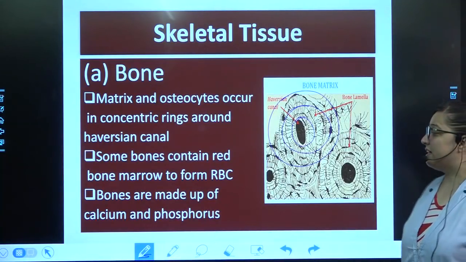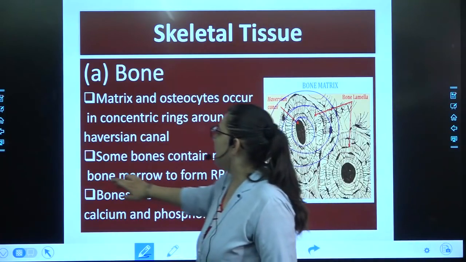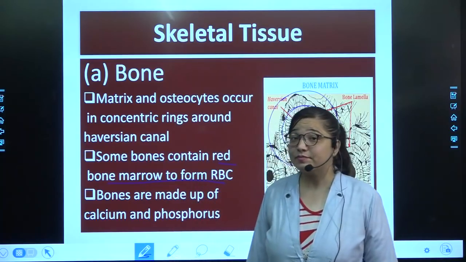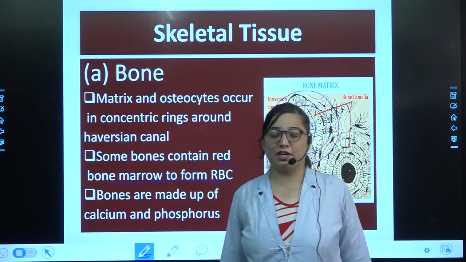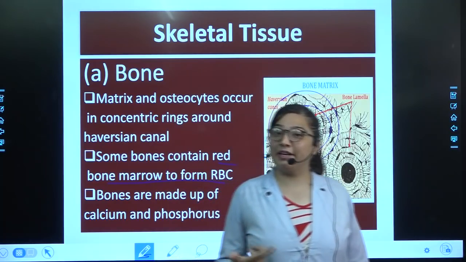While some bones contain red bone marrow to form RBC. You might be knowing about the red bone marrow, right? You might also have studied or heard about them in many movies.